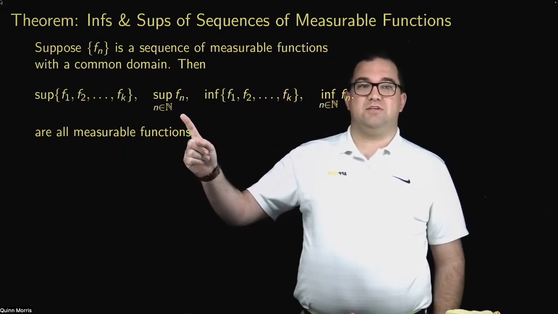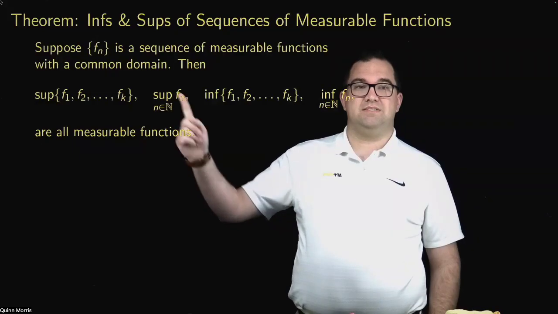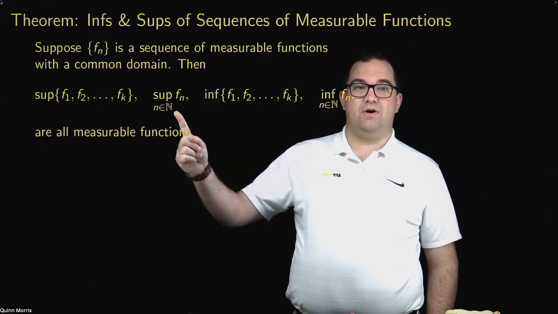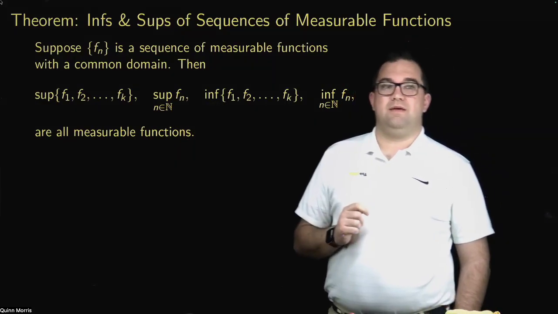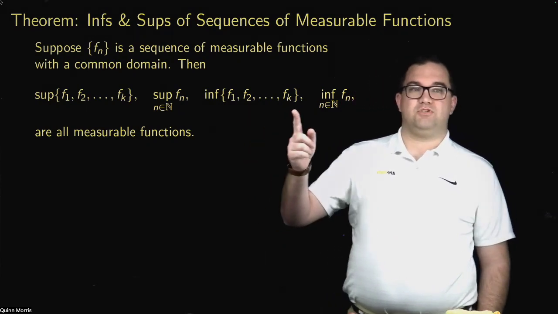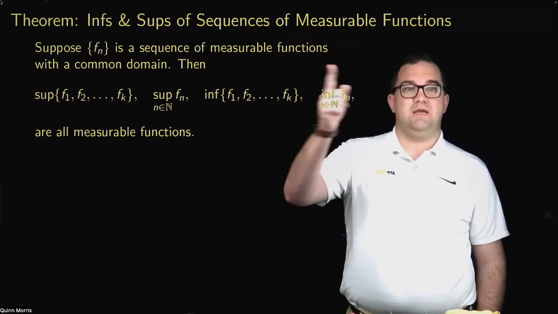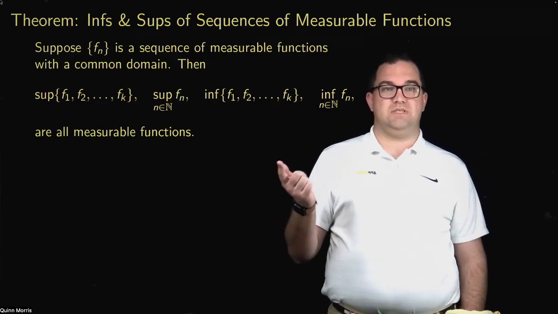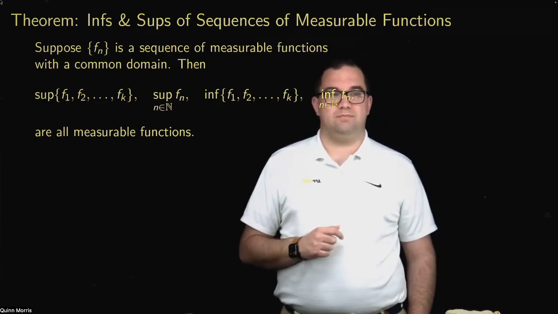In fact, if I take the supremum over the infinite sequence of functions, that will give me back a measurable function. Similarly for infimums: if I take the infimum of the first k functions in the sequence, I will get a measurable function. And even if I take the infimum over all the infinite collection of functions in that sequence, I will also get back a measurable function.